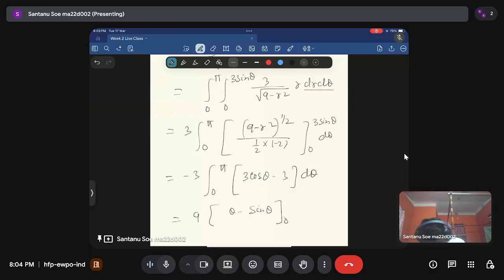below the paraboloid z equals 4 minus x square minus y square, inside the cylinder x square plus y square equals 1, and above the xy plane.